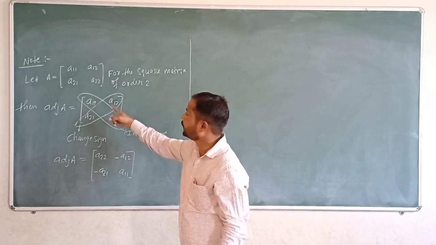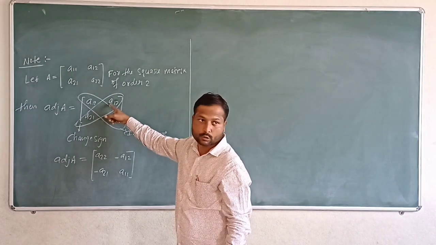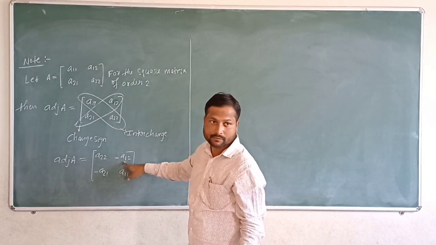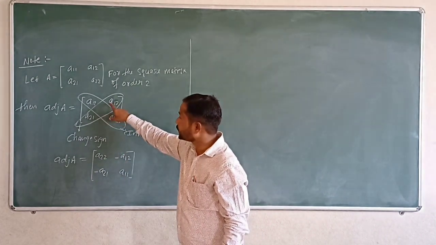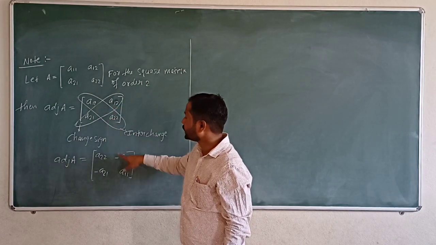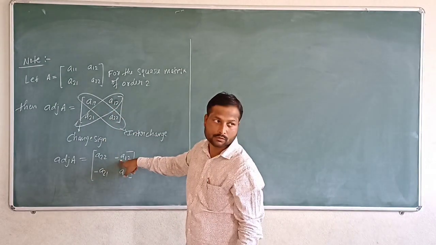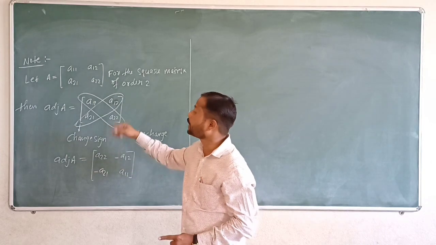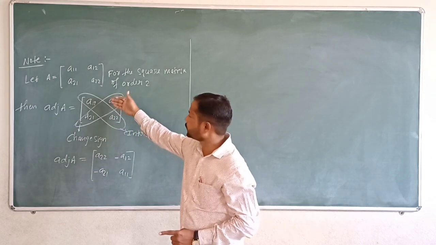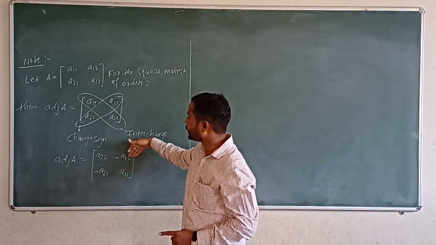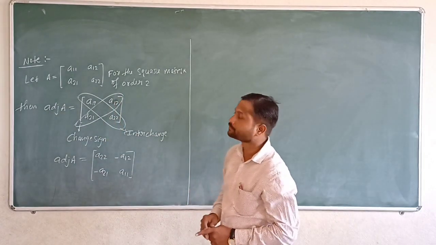Change the sign means if it is plus A12, we take minus A12. If it is minus A12, then we take plus A12. Change the sign means take the opposite value: positive becomes negative, negative becomes positive.